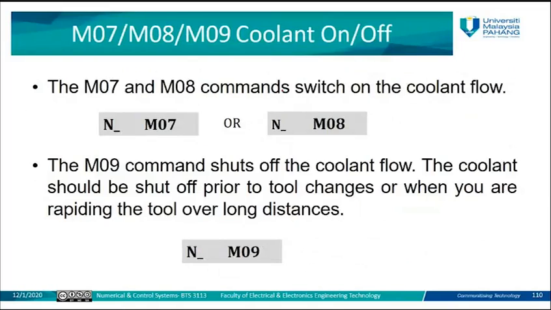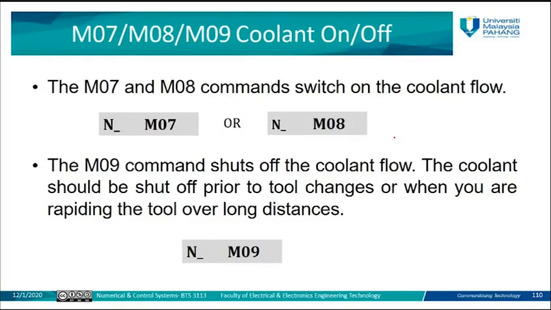M7, M8, M9 are more about the coolant on and off. So M07 or M08 here is used to switch on the coolant. We use the coolant to cool the parts of the machine, like the spindle, the head of the tool, and so on, because when you have steel on steel and it's rotating, the spindle, for example, is rotating on the steel or used to cut the part which is steel.